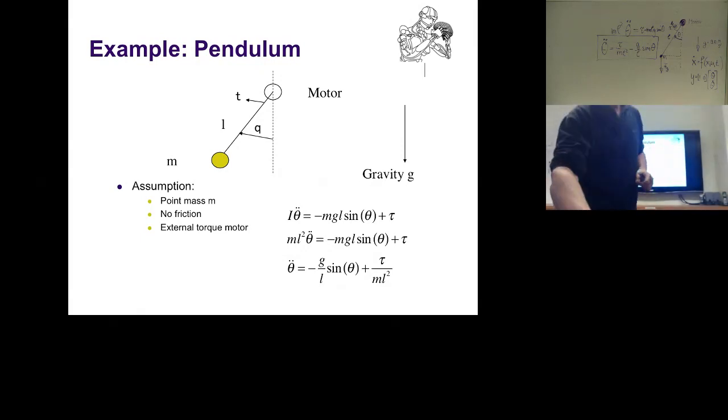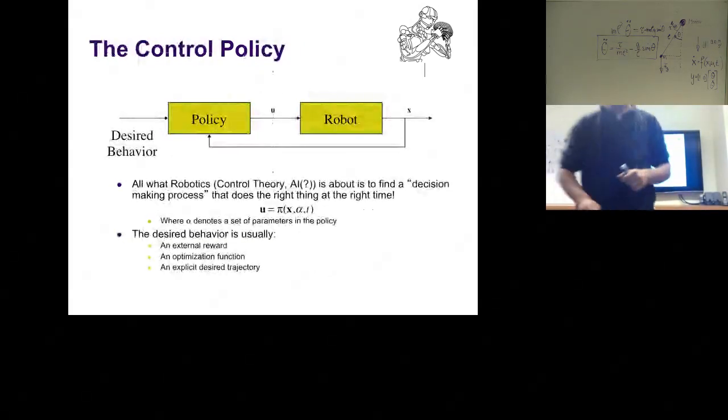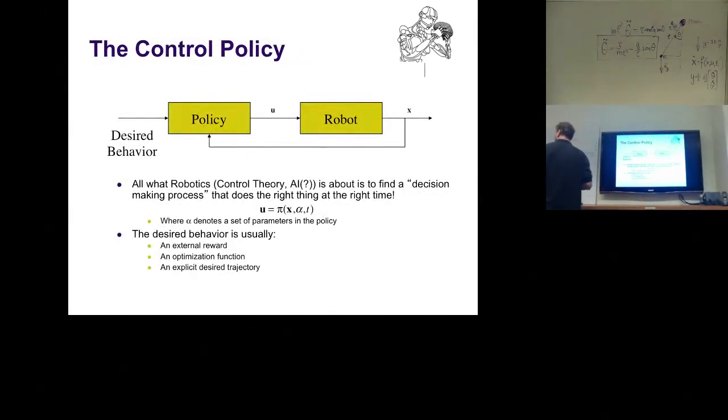So let me move on to the next slide. The next component we need is the control policy. The control policy is now about what the computer computes to send to the robot to make the robot have a desired behavior. And in some sense, control policies is all what you need in life.